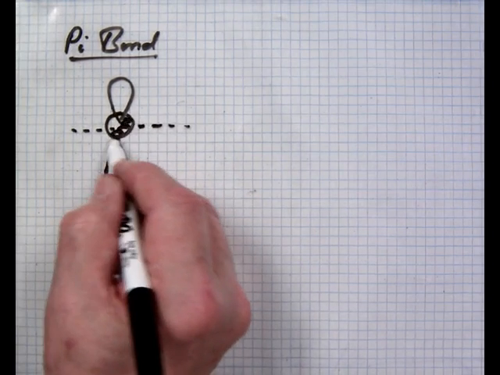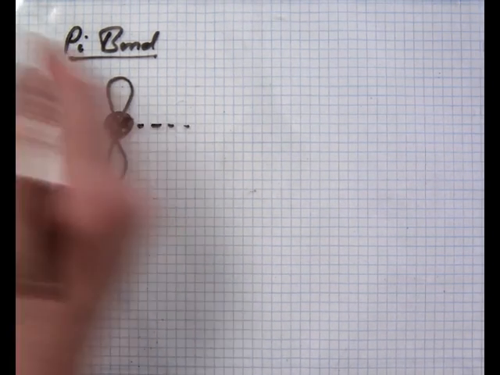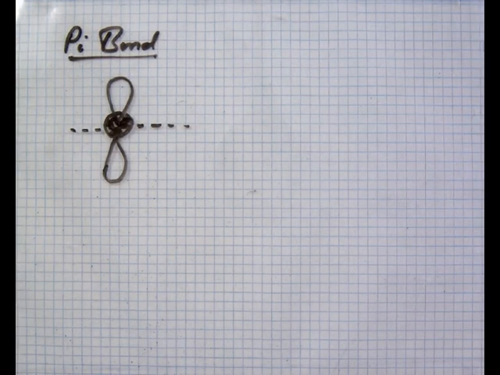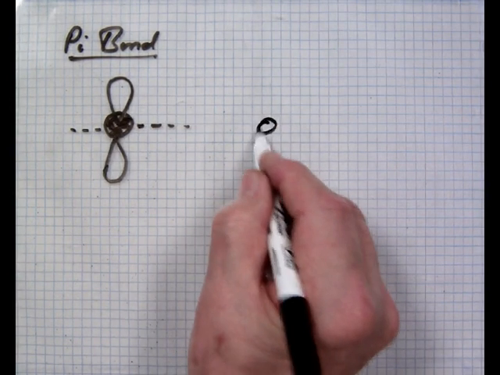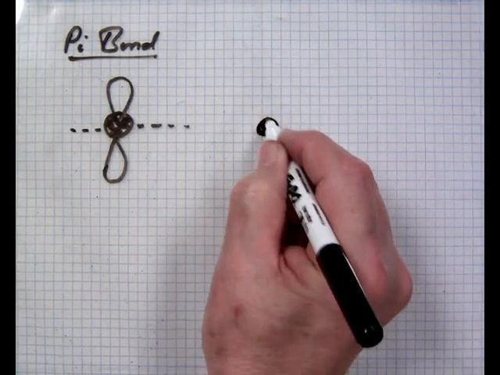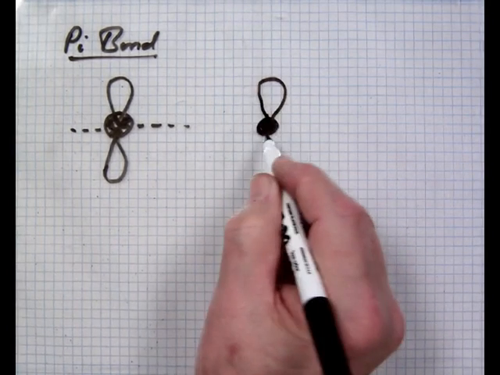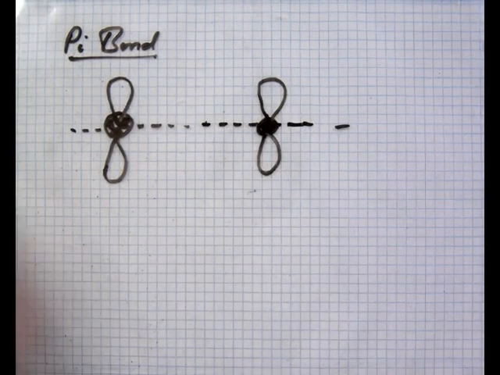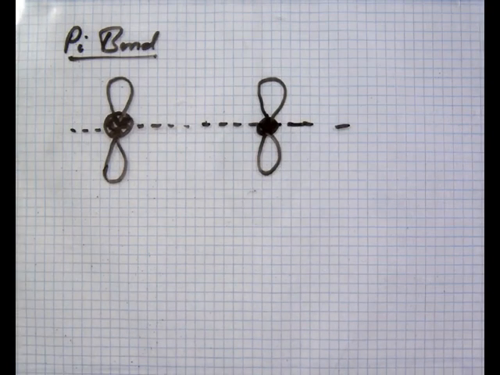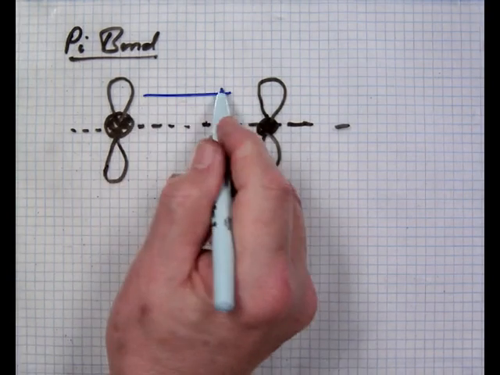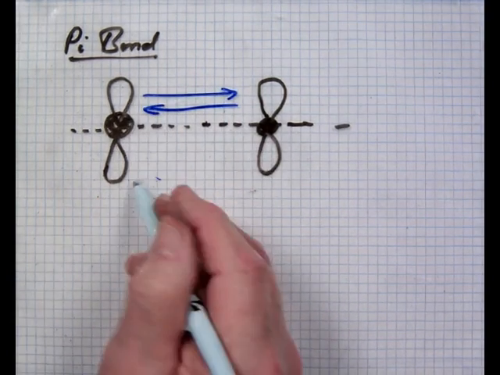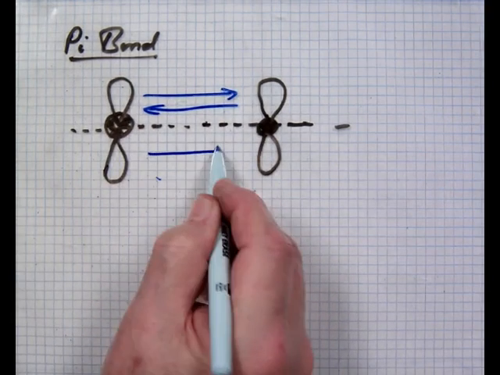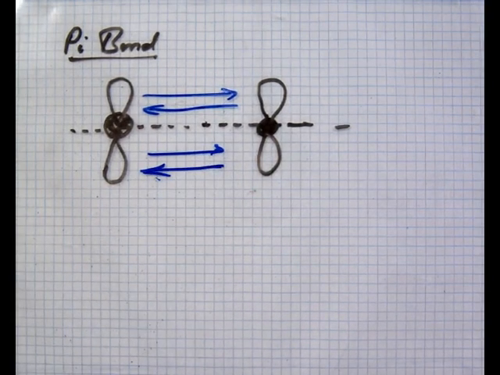So this is the nucleus, and there's your electron cloud. It looks like a big figure 8 going through the middle. Now over here you have another carbon, and a big figure 8 over here on the same one. Like that. Well, what can happen is that these two lobes, two on top, two on bottom, can overlap.